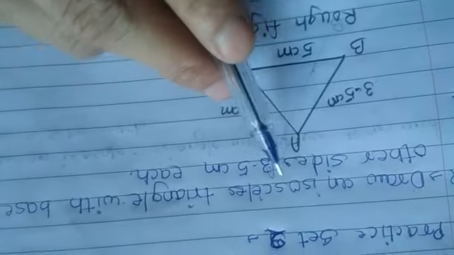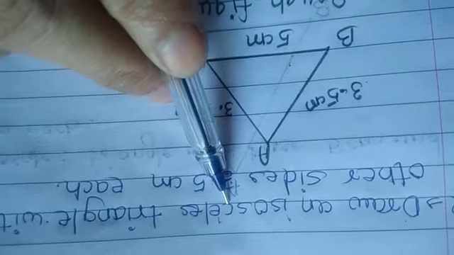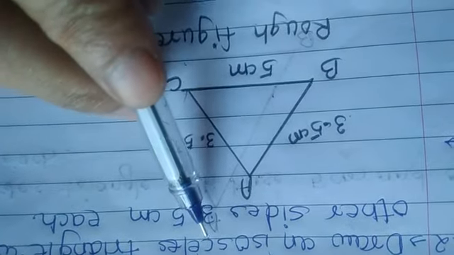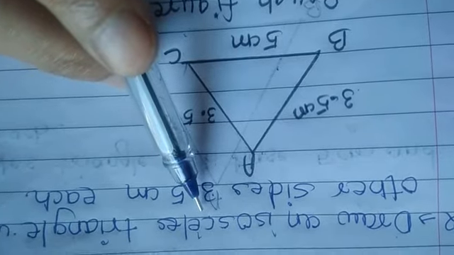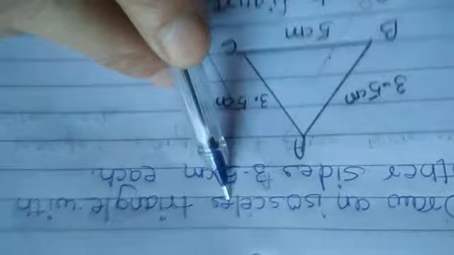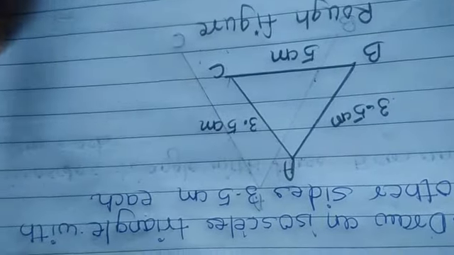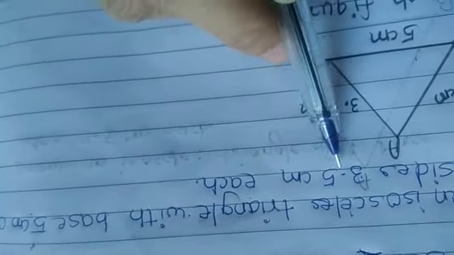First of all, what is meant by isosceles triangle? All of you have studied in 6th standard that if two sides are equal in length in a triangle, that triangle is called an isosceles triangle. So here base is given 5 centimeter and the other two sides are of 3.5 centimeter.